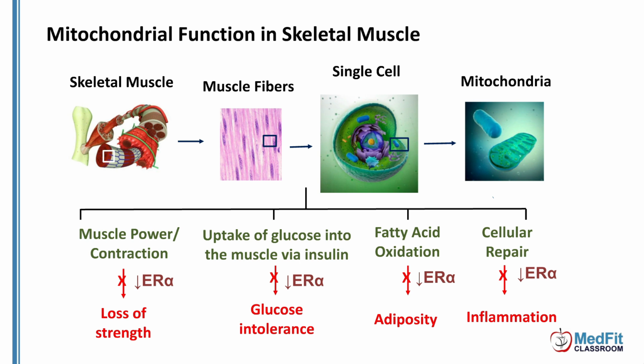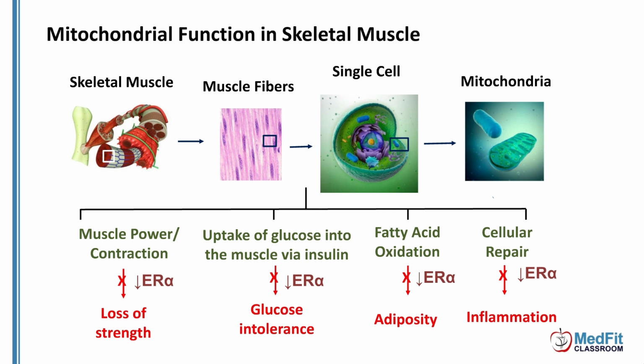And if you continue on to the right of muscle power and contraction, we see uptake of glucose. When estrogen receptor alpha declines, we see less uptake of glucose and therefore a change in glucose metabolism and resistance to insulin.